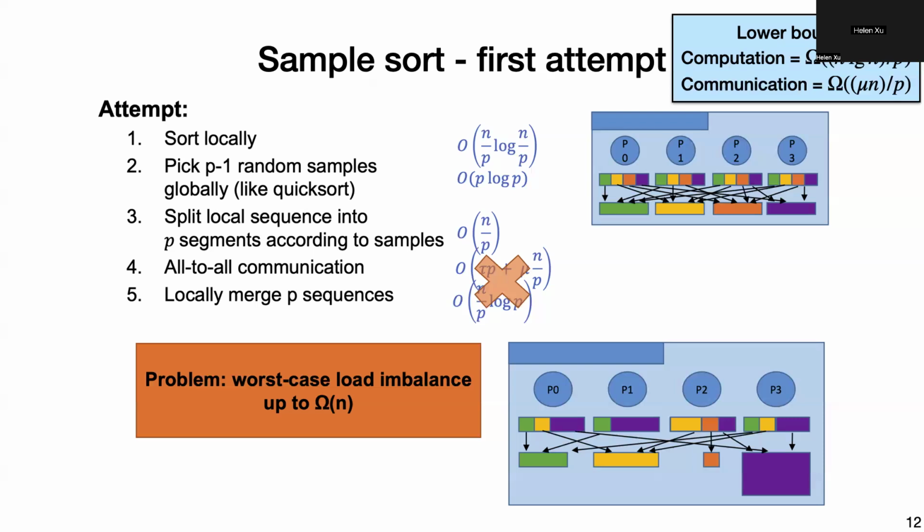Don't those normally have the mu and tau in them, the all-to-all? Yes, here we are just doing the computation cost, I guess. Yeah, this should be tau plus mu times p log p, because this is an all gather.